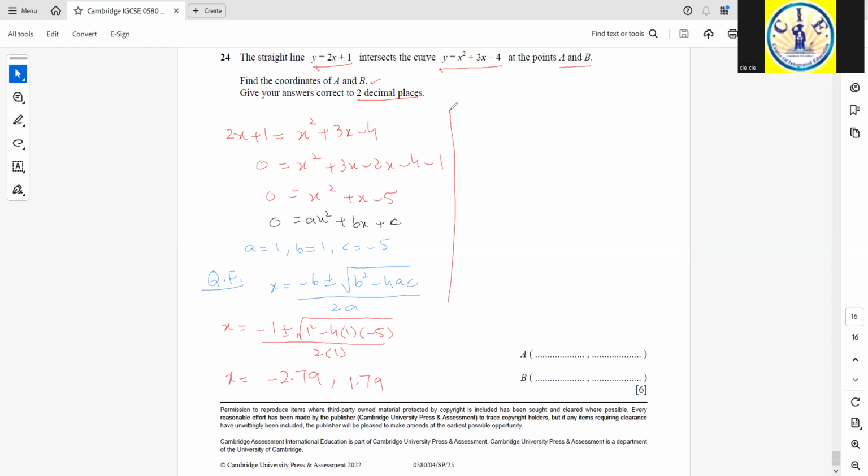Once we have got these values of x, now we can calculate the values of y. 2 times negative 2.79 plus 1 is negative 4.58.